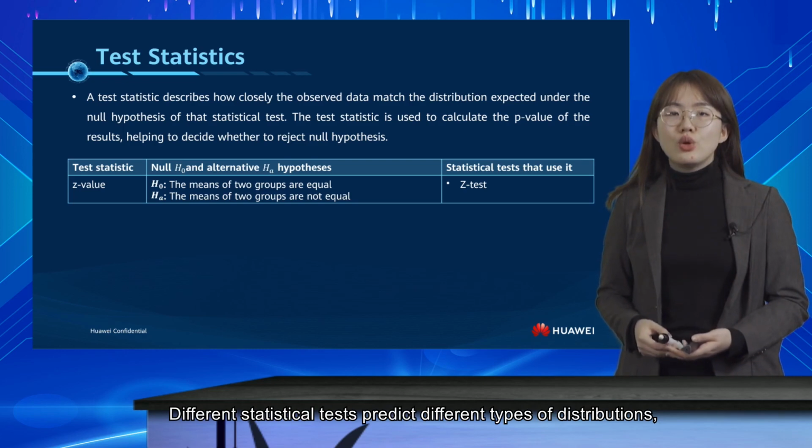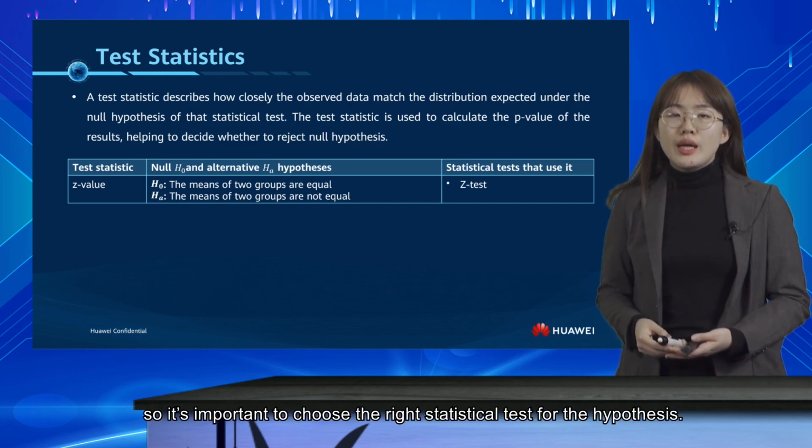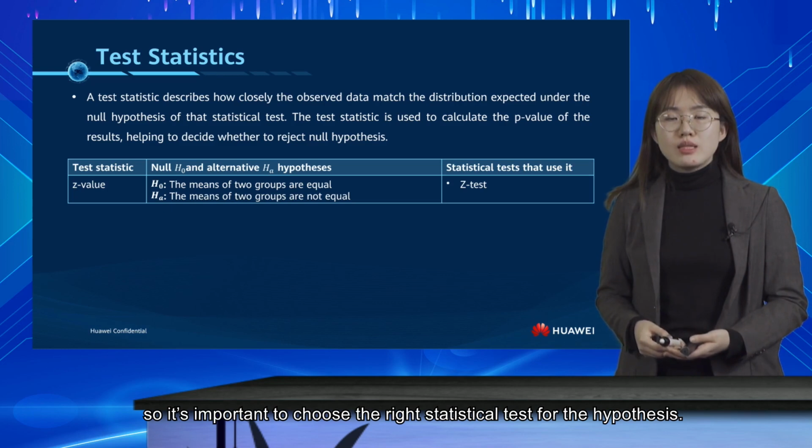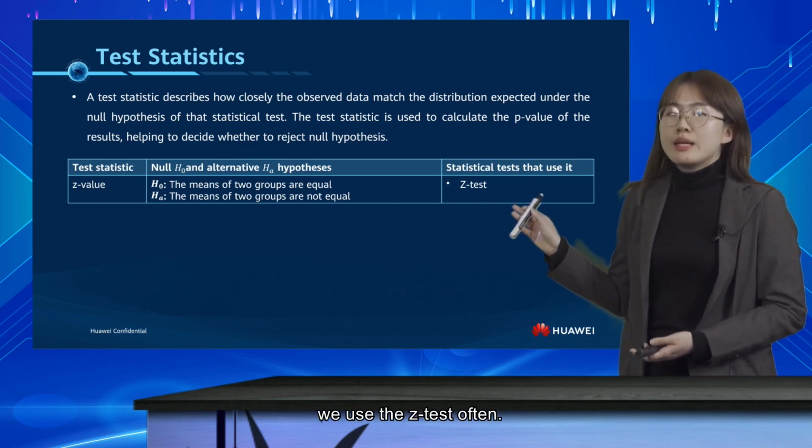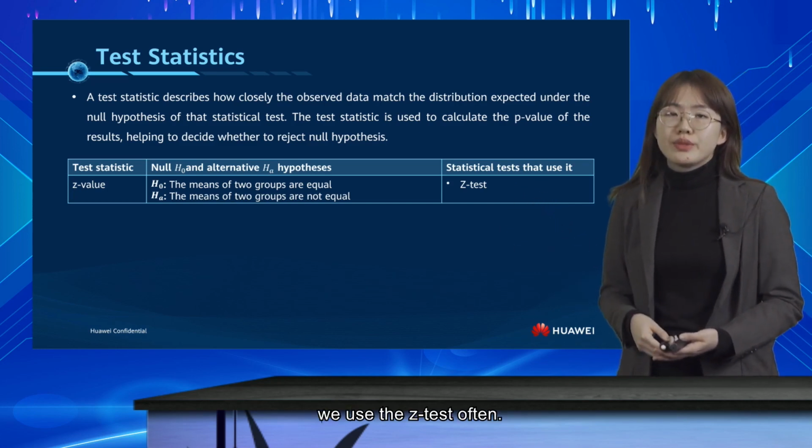Different statistical tests predict different types of distributions. So, it is important to choose the right statistical test for the hypothesis. In most cases, we use the Z-test often.